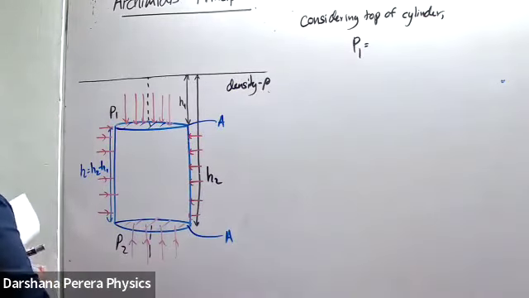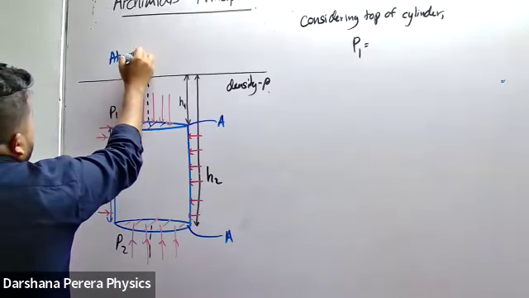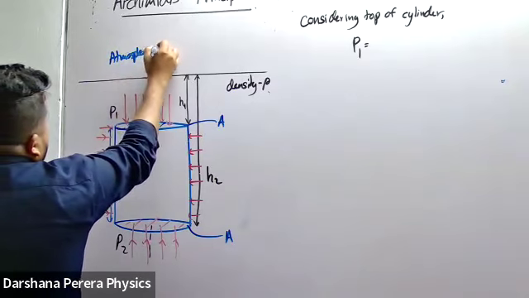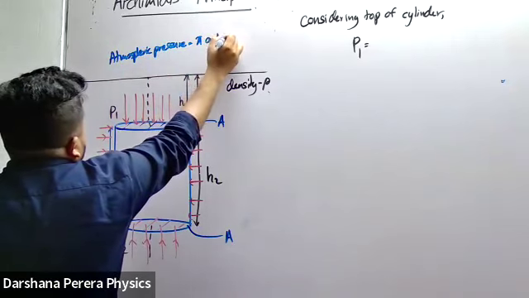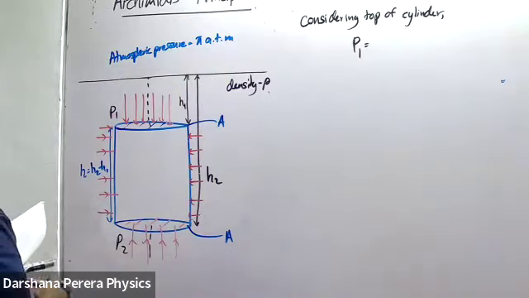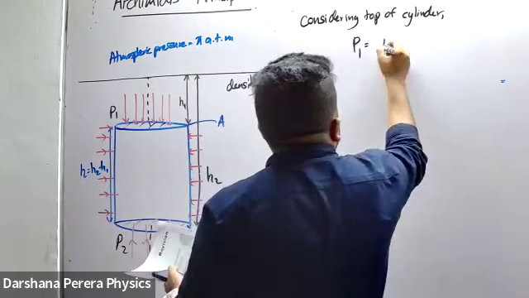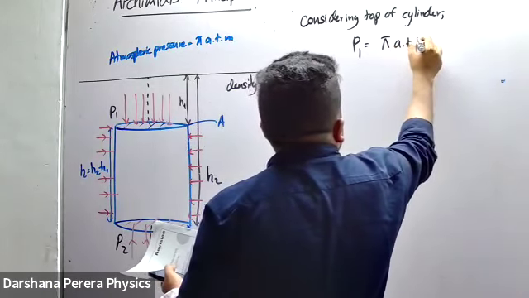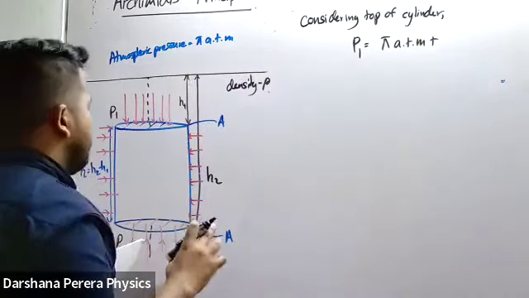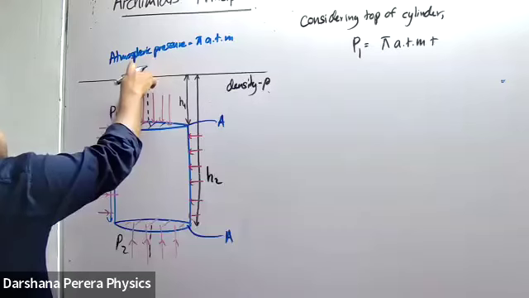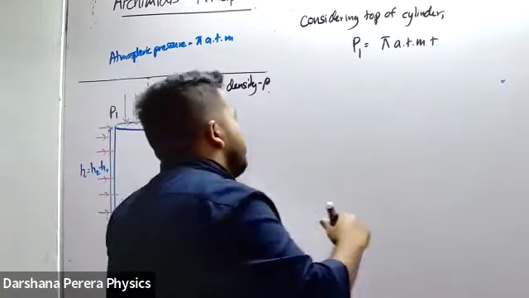P1 equals, if the atmospheric pressure equals 5 atm, then 5 atm plus H1 rho g. We know static pressure: when going downwards, H1 rho g is the increase in the pressure.